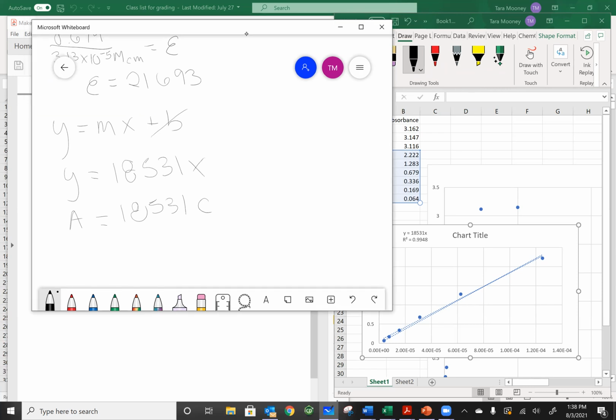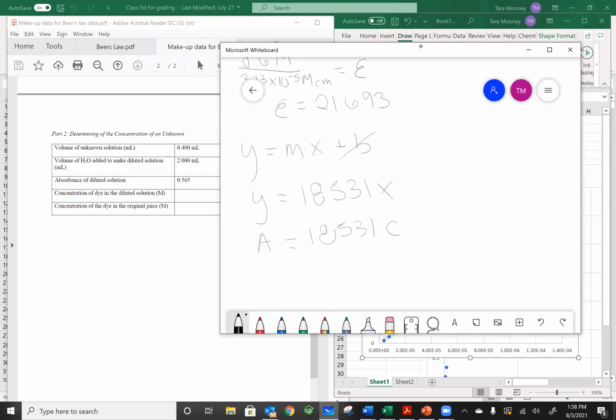So in our diluted solution, our absorbance was 0.565. So 0.565 equals 18531 C. So C equals 0.565 divided by 18531.